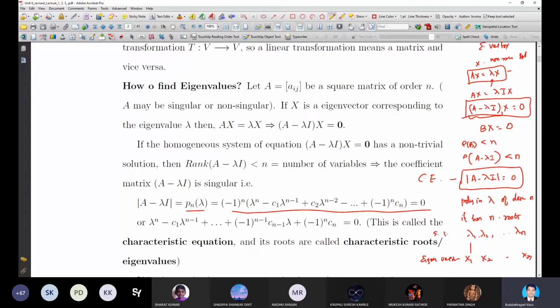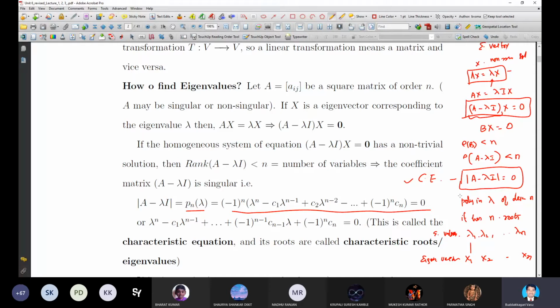For finding the eigenvalues and eigenvectors of any matrix A of order n, first write down its characteristic equation, which results in a polynomial in lambda of degree n. Solve it and it has n roots. The n roots of the characteristic equation are called the eigenvalues, and the corresponding solutions for each eigenvalue are called the eigenvectors.